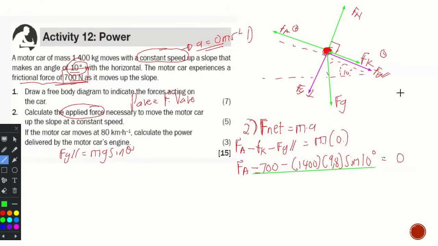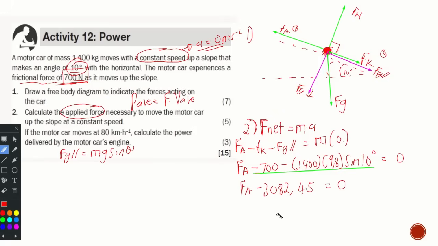Then you close the bracket. Then it's going to give you negative 3082.45. So FA is negative 3082.45, right? Is equals to 0.